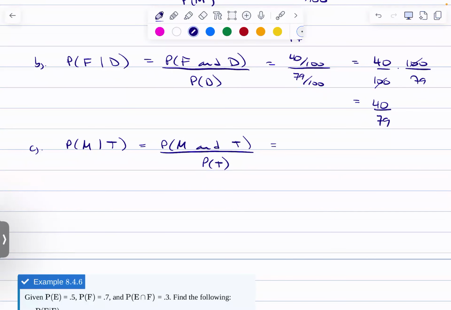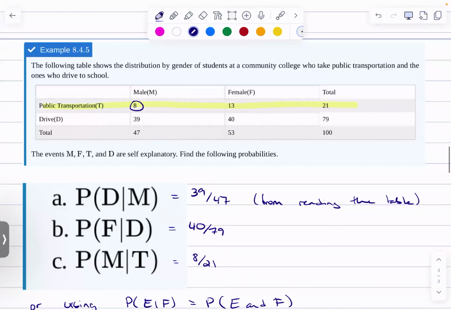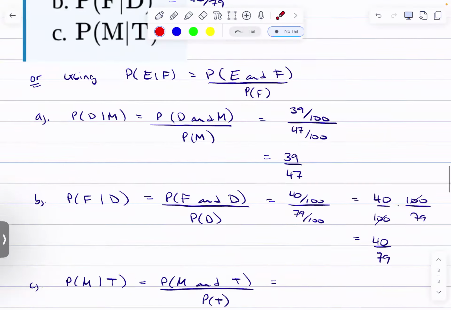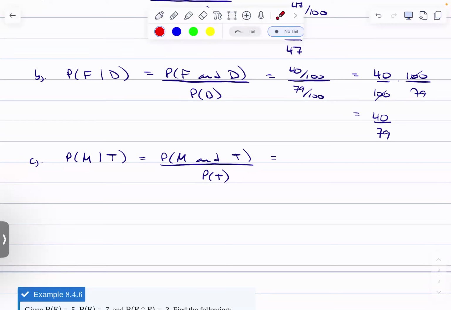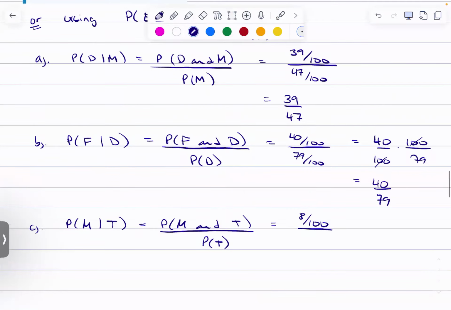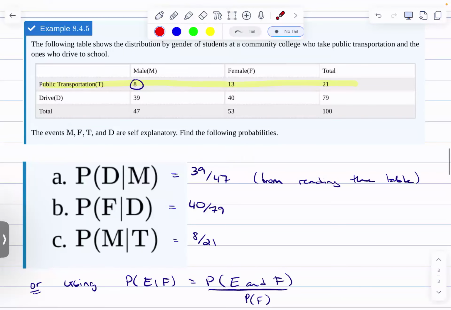The probability of male and public transportation is the intersection here at 8, but it's divided by 100, over the public transportation, which is 21 out of 100.